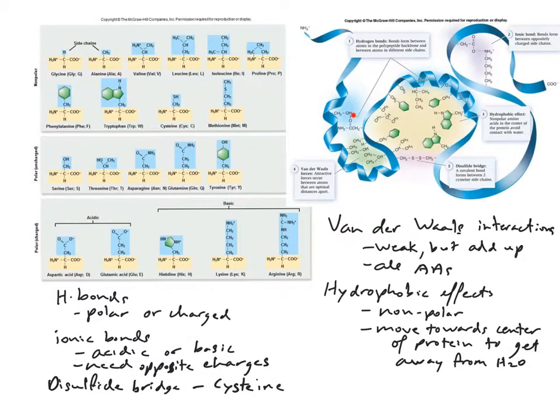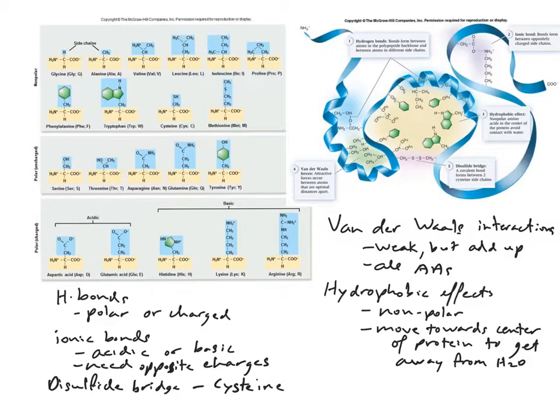That hydrogen would have a positive dipole because it's bound to that oxygen, and this oxygen bound to this carbon would have a negative dipole. There's a hydrogen bond holding those two different amino acids together. So in order to be able to do a hydrogen bond, the amino acid side chain would have to be polar or charged.